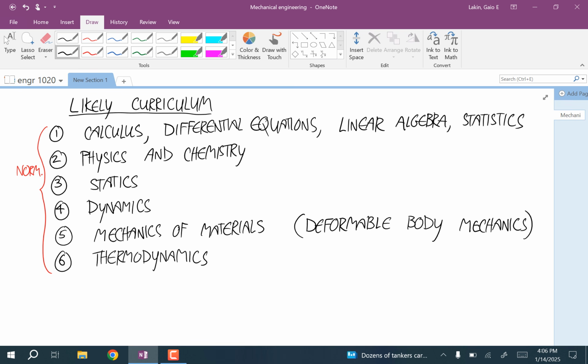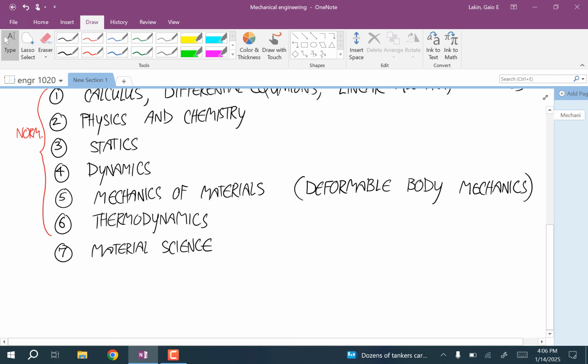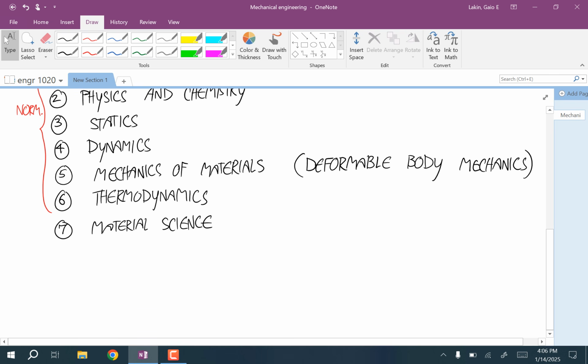And then all the rest of them are things you would have to take after you transferred. The first one of these is material science. And then you'd have to take a class in fuel, combustion, and internal combustion engines.